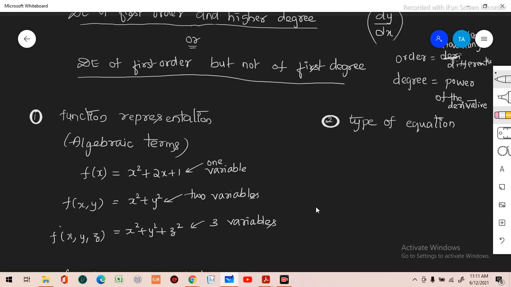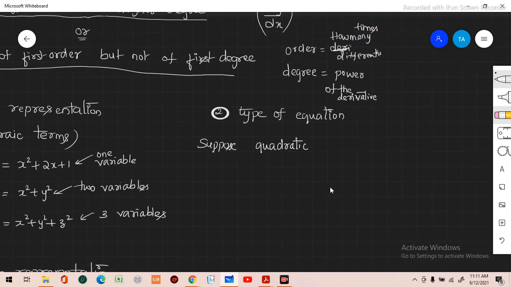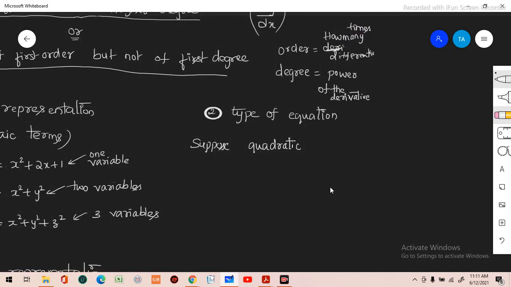The second point is, suppose I have a quadratic equation, how many roots will I get? I will get two roots.